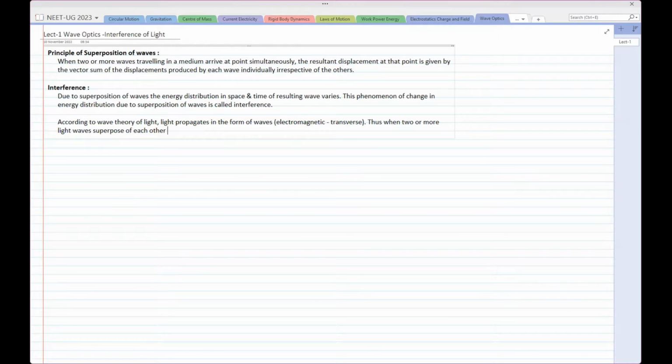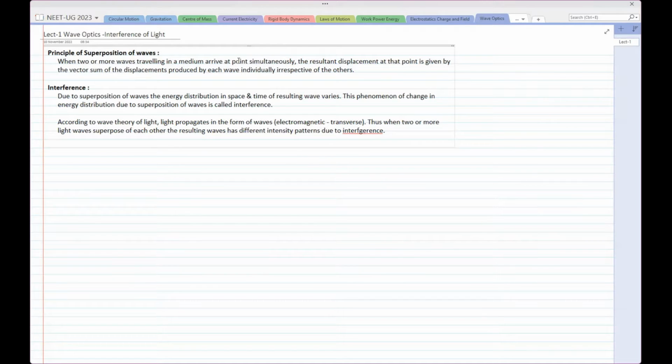what happens? The resulting wave has different intensity patterns due to interference.